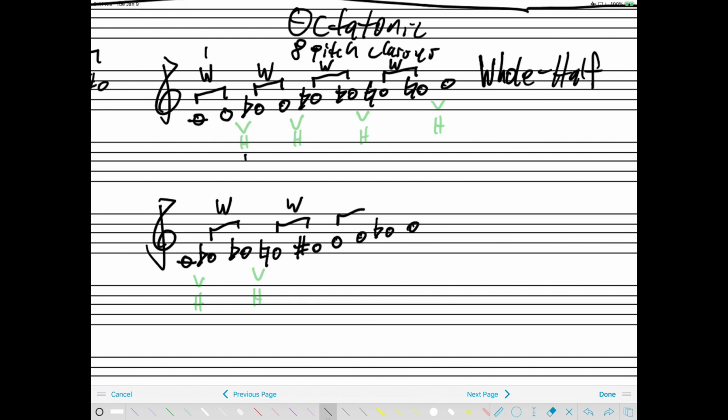Here are our whole steps, and down below are our half steps, at least as I mark them. So this one, as you might expect, is known as the half whole. Be careful when you say that. Don't say that too fast. And then we will play that through. It sounds like this.